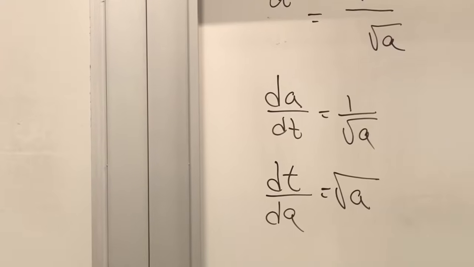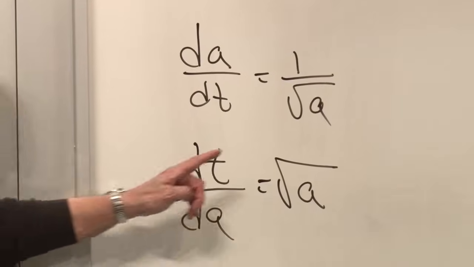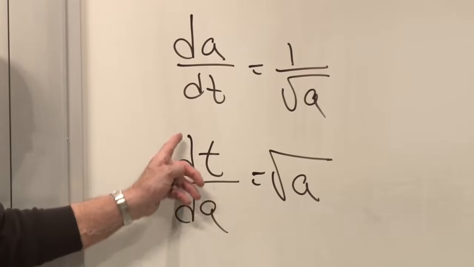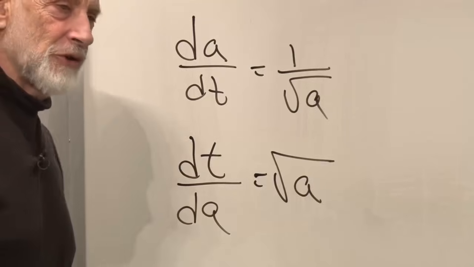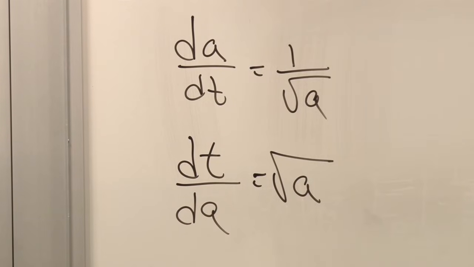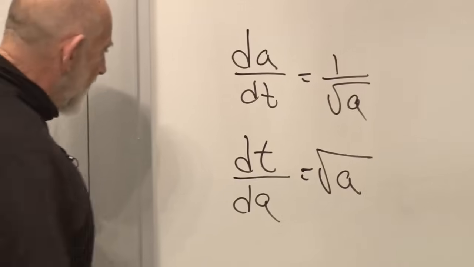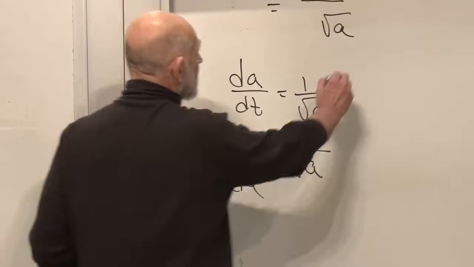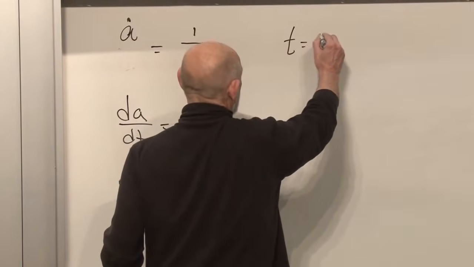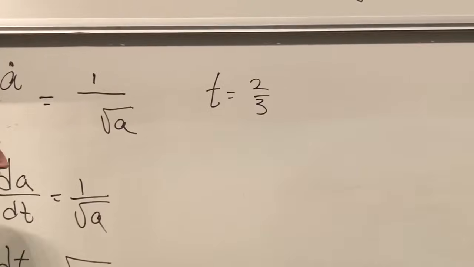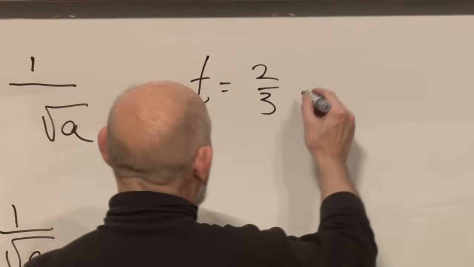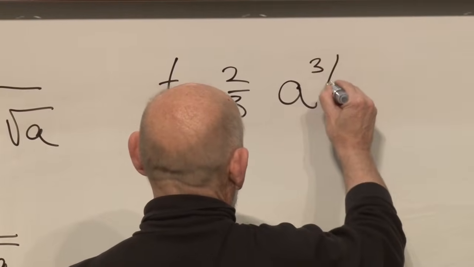So how do we solve it? We look for a function of a whose derivative is the square root of a. What function has as its derivative the square root of a? a to the 3 halves, right? Well, 2/3 a to the 3 halves. So we find out that t is equal to 2/3, which is absorbed into other constants that we've been ignoring, times a to the 3 halves.